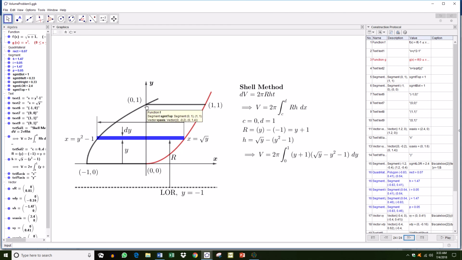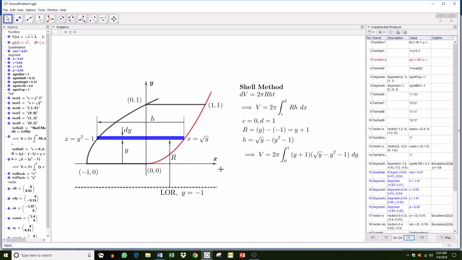R is the y value at this point, which is y, right? Y value at this point is the same as the y value at that point, which happens to be y, minus the y value here, which is -1 according to the line of revolution. So y minus -1 is r, which is y plus 1.